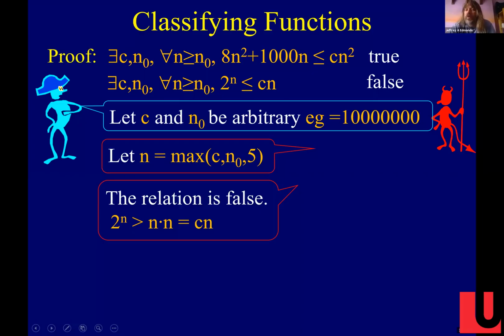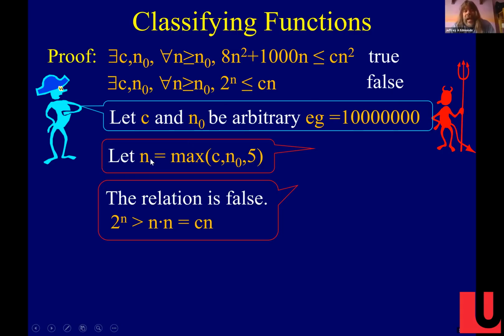The bigger n is, the more wrong he will be, right? If I come up with a really, really big n, then he's going to be wrong because 2 to the n is going to start really dominating c times n. So how big do I need my n to be?